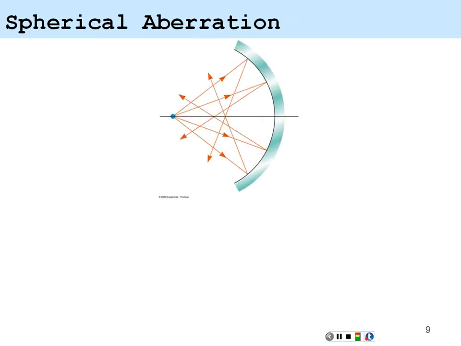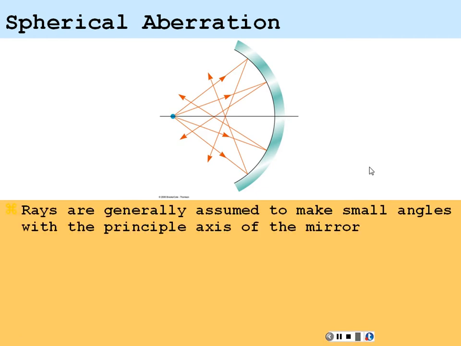Spherical aberration. Let's say you had a concave mirror, and maybe it's perfectly spherical, which is probably not what you want, because as you get away from small angles, the rays converging near that point are not going to land perfectly on that point.